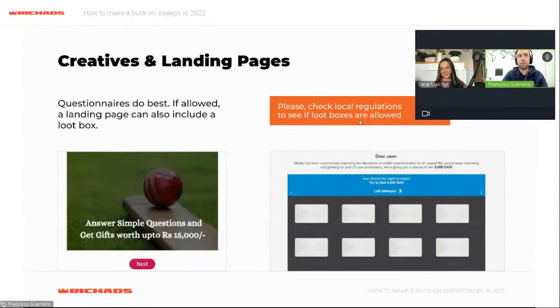So when you create a landing page that uses loot boxes, you need to make sure that the country allows this type of content. For this, of course, you can ask your account manager, that is me, on the network for help, but it would be important for you to check this and really research it, because loot boxes are, I would say, the type of landing page that works best, but there are restrictions and you need to be aware of them.